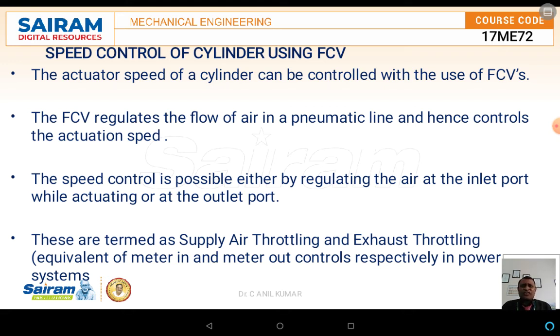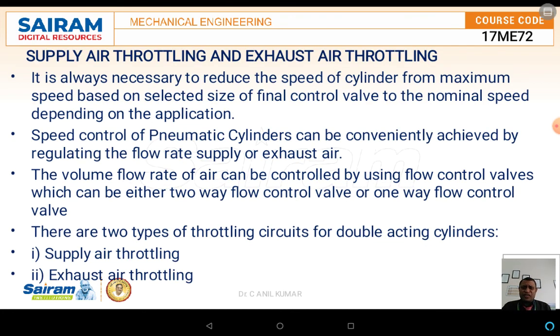Now, it is always necessary to reduce the speed of the cylinder from a maximum speed to the selected speed, or the operating speed, depending upon the type of the application.